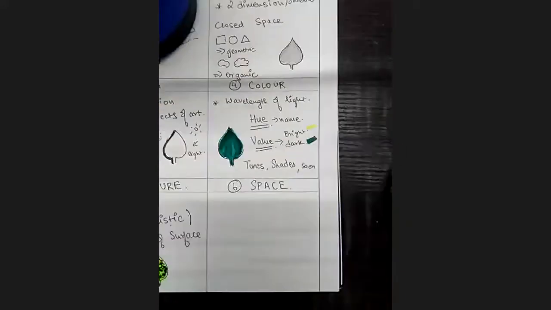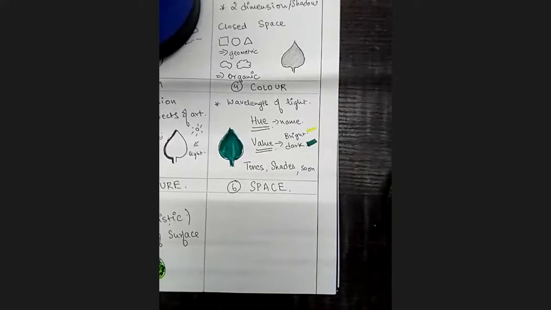Space is the last element that we have. Space is obviously the area in which your artwork is going to be. Obvious enough, right? So why do we need to understand space? When you know space, you will know how to adjust all the elements that we have learned so far.